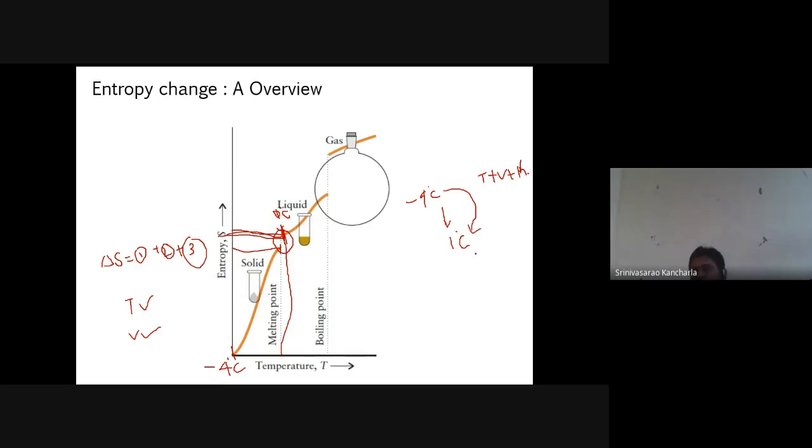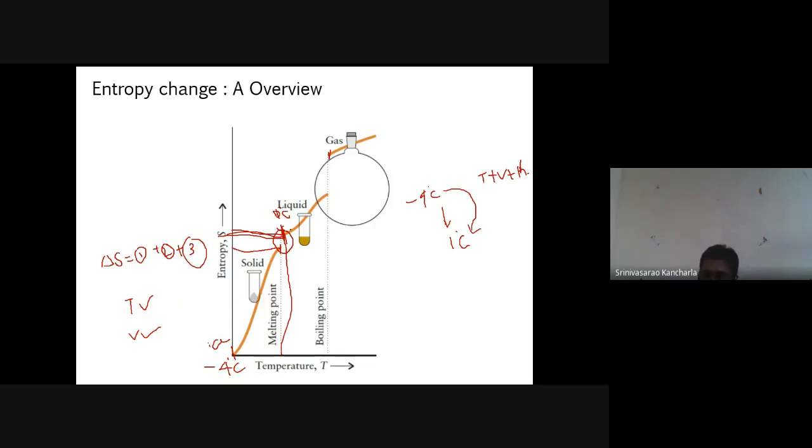Similarly for liquid also. If you are given that your ice is heated to become vapor, and the temperature range is given, then you have to calculate all these stages: stage 1, stage 2, and then the phase change, and the entropy change due to temperature and volume.